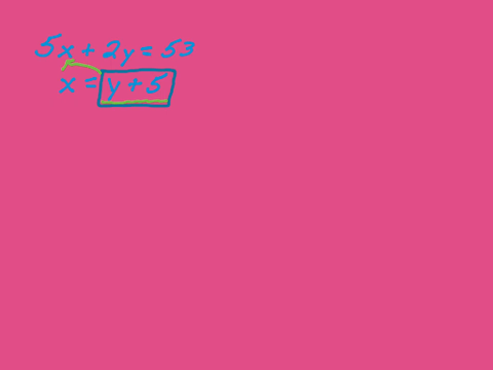So when I do that, I'm going to keep my 5 from the original, but instead of x, I'm going to write in parentheses y plus 5. Now the remainder of the equation, plus 2y equals 53, goes on the end.